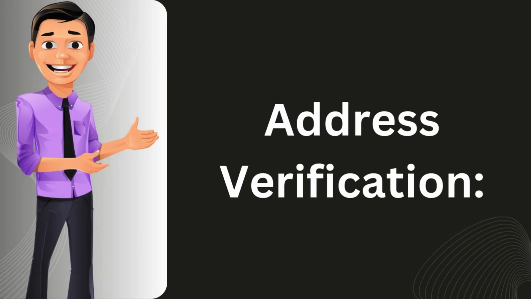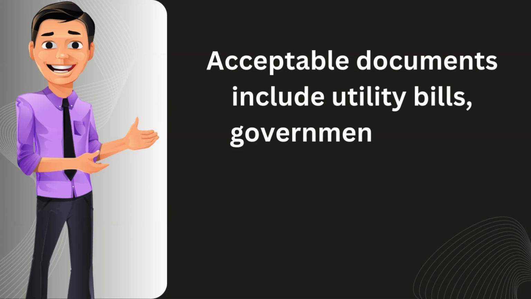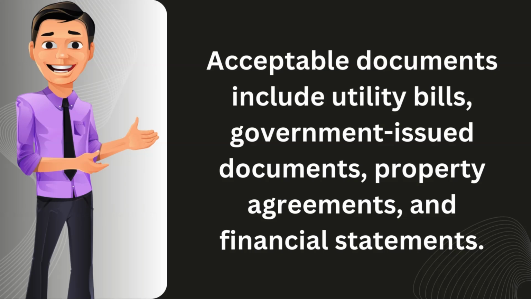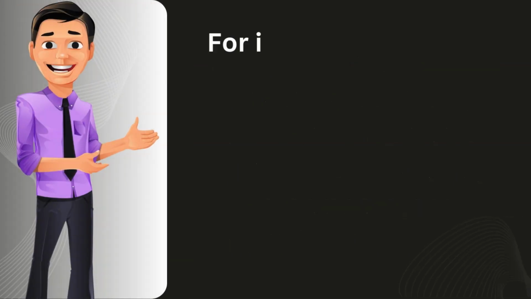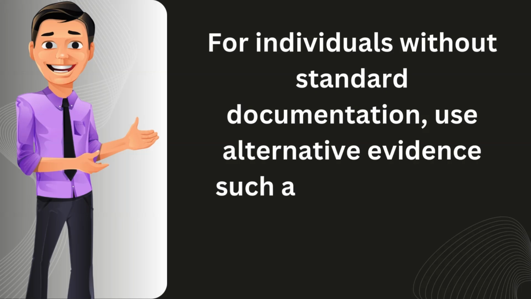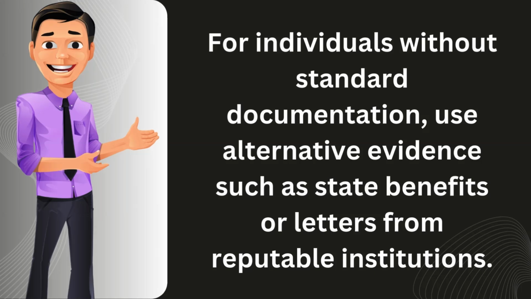Address verification. Acceptable documents include utility bills, government-issued documents, property agreements, and financial statements. For individuals without standard documentation, use alternative evidence such as state benefits or letters from reputable institutions.